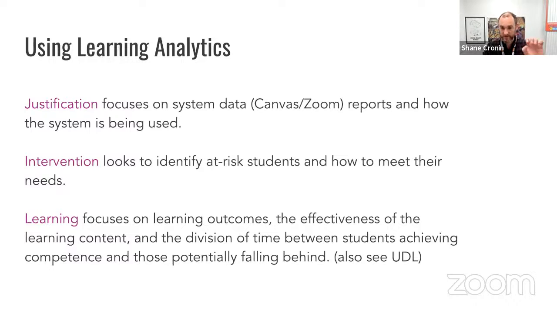So in the learning part of it, we're looking at how we're assessing our learning outcomes, how effective our learning content is, and whether we're giving enough time to students across the board, and also factoring in students that have different abilities and other factors like that.